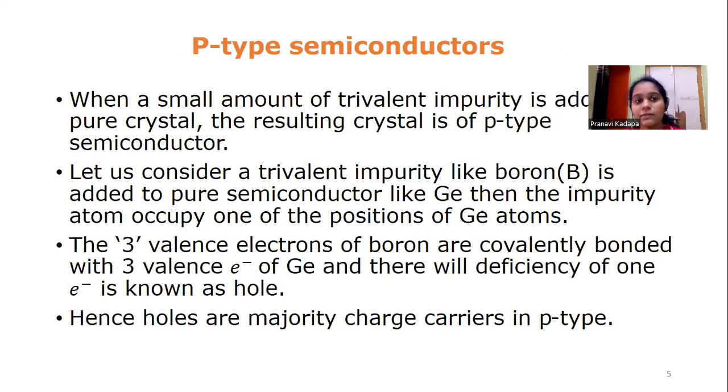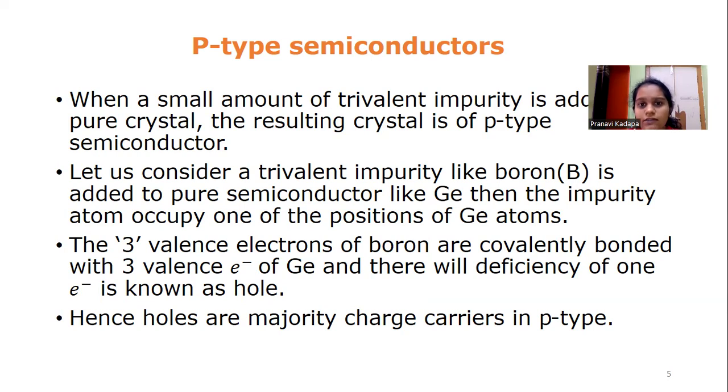So what are P-type semiconductors? When a small amount of trivalent impurity is added to the pure crystal, the resulting crystal is a P-type semiconductor. You know what a trivalent atom is, right? When we add boron atoms to a pure crystal, maybe silicon or germanium, this results in a P-type semiconductor.